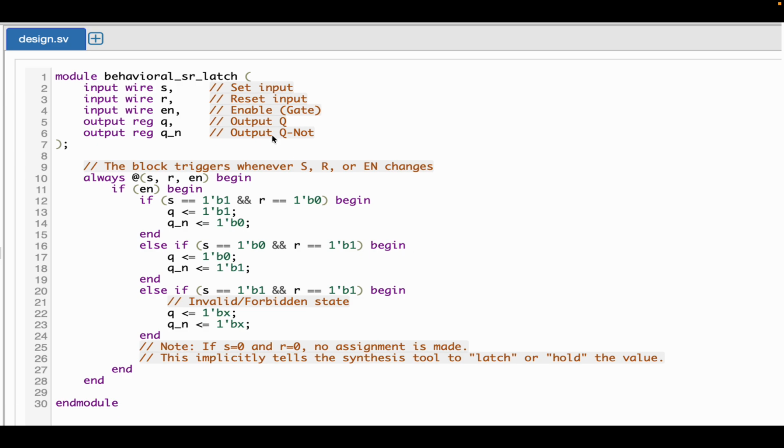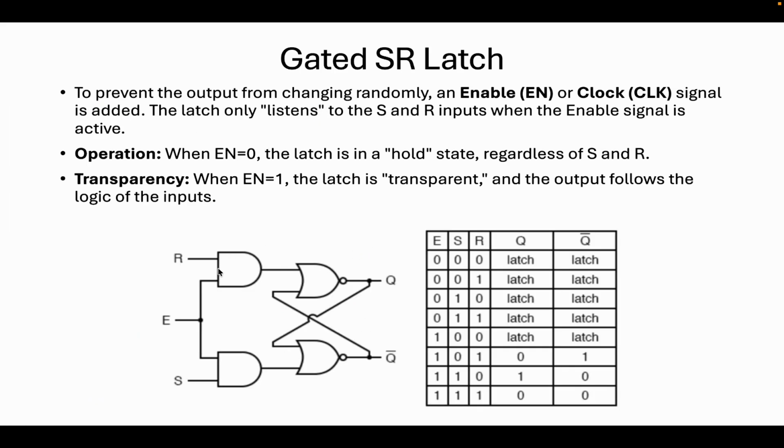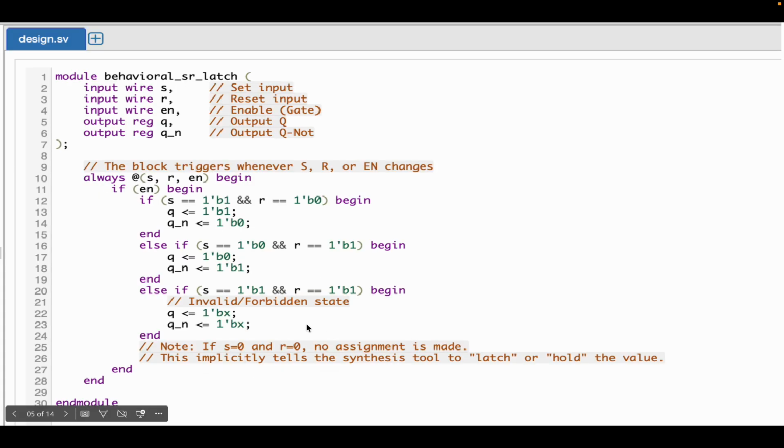This is how you can write your behavioral SR latch code. You are writing the inputs, that is S, R and enable. Output registers Q and Q bar for this diagram. R, E and S are inputs, Q and Q bar are outputs. Then if enable equals 1, begin.